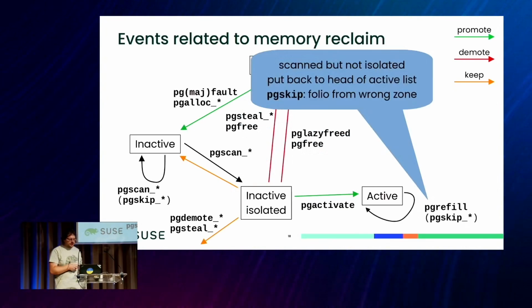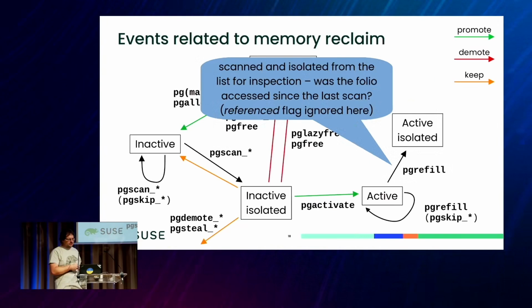Now on the active list, when reclaim eventually looks at the active list too, the action of scanning the active list is not called pgscan, but it's called pgrefill, which is not very intuitive, but it is what it is. And again, what can happen is it might not be isolated, so it goes back to the active list, or it is isolated and increments the pgrefill as well.